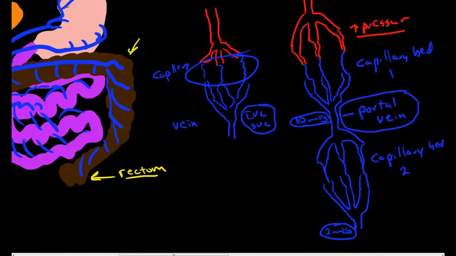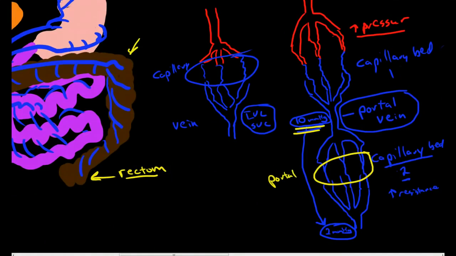Going through this capillary bed, it's very prone to, if something happens and this capillary bed stenoses down and gets narrow, and there is increased resistance, there is not a lot of extra pressure here to deal with that extra resistance. So if we have significant problems in this capillary bed that's increasing resistance, we're going to end up with what's called portal hypertension.